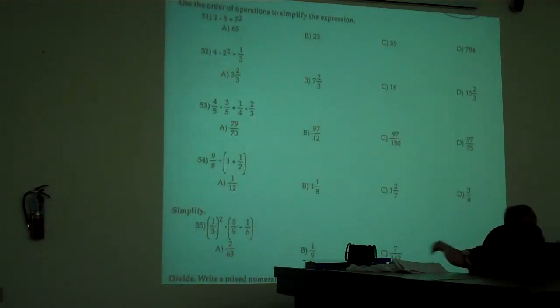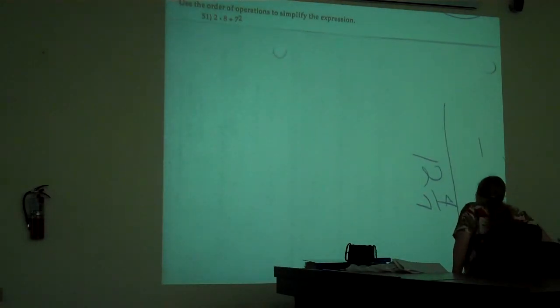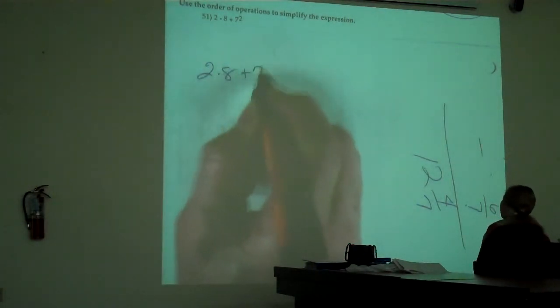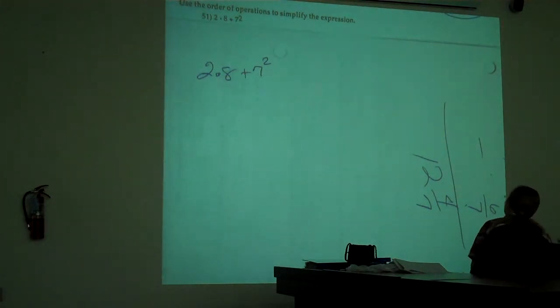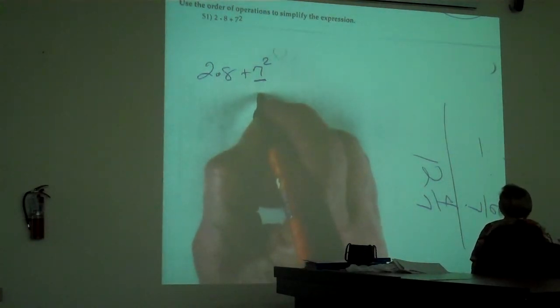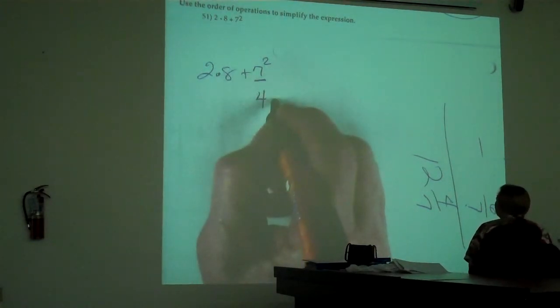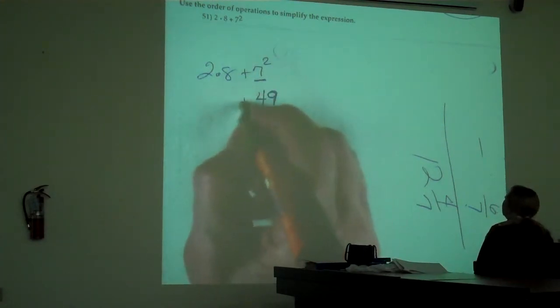Order of operations. Lots of fun there. I know, it's the ones you hate. 2 times 8 plus 7 squared. Parentheses? No parentheses. So do the exponents. 7 squared is 7 times 7, 49.